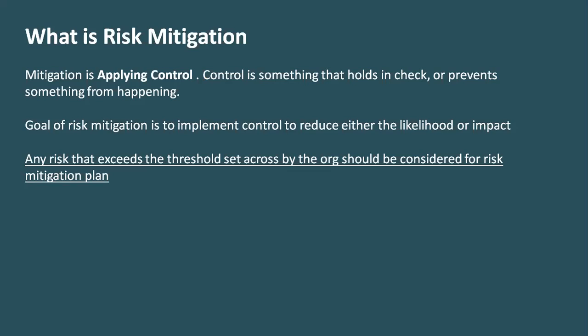When we identify all the risks applicable to the objective we are trying to achieve or to the project, our work does not stop there. If we have identified a risk, we need to create a risk response strategy, which we just discussed. How will we respond to that risk?